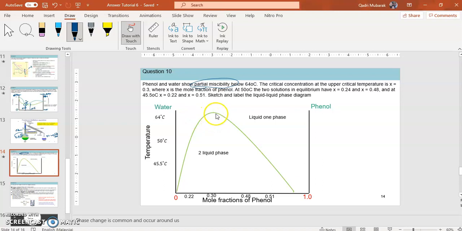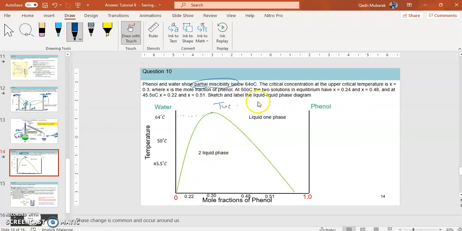So here is our TUC. Here we have water and phenol, and here is our TUC. We can sketch 0.22.